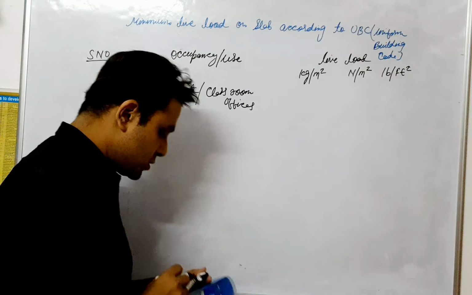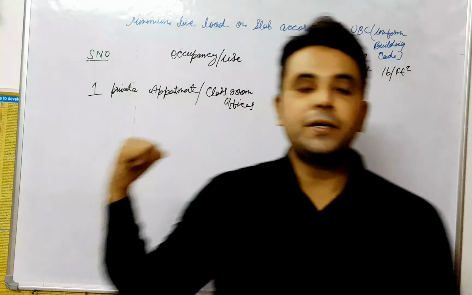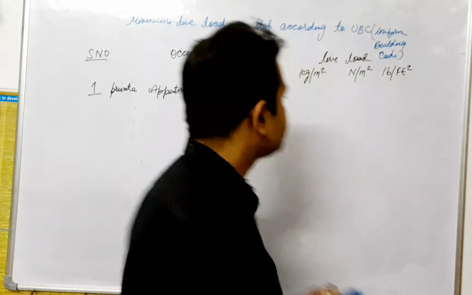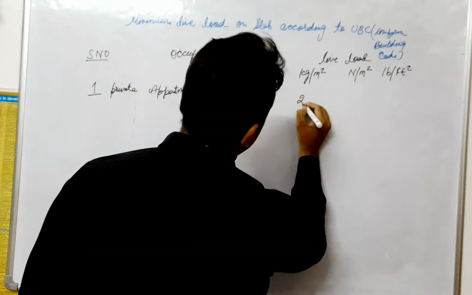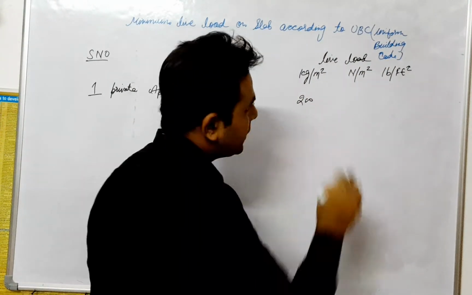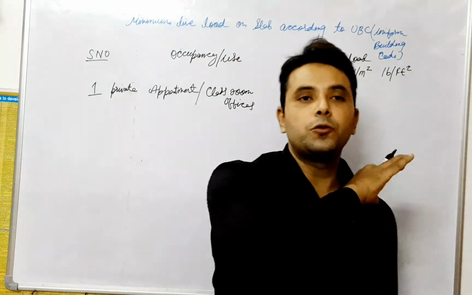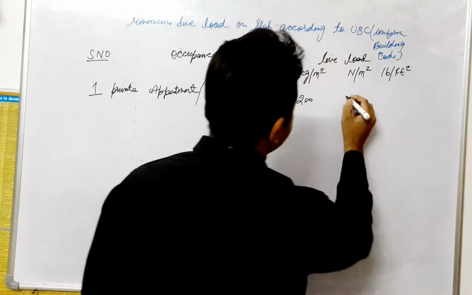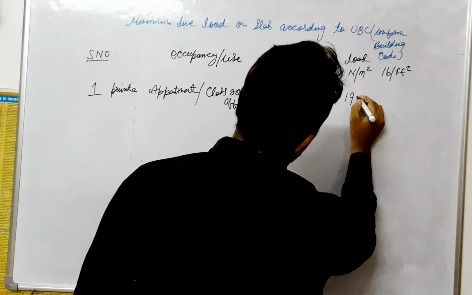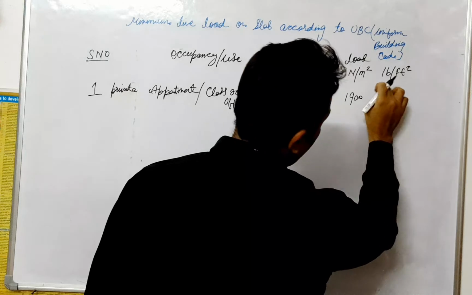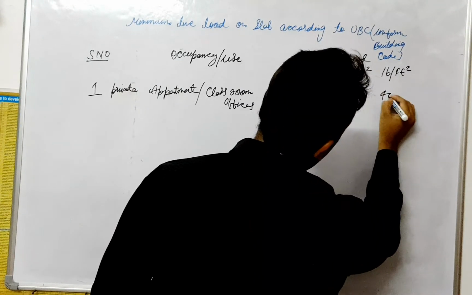In that case the value in kilogram per meter square is 200, in the case of Newton per meter square you have to take 1900, and in the case of pound per square feet it is 40.